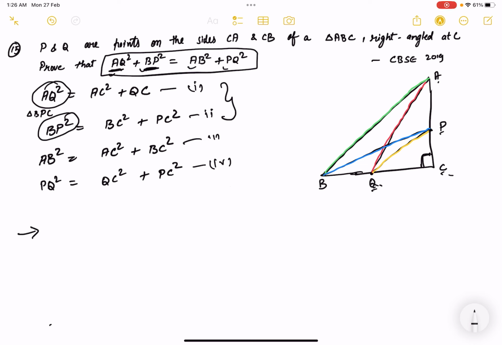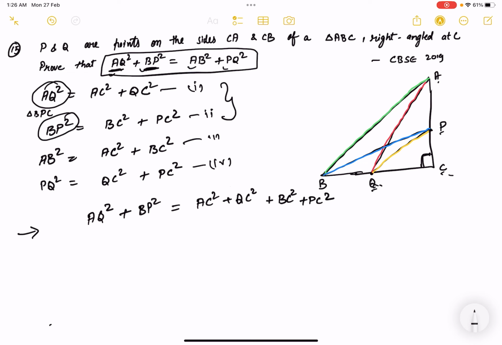AQ square plus BP square is equal to AC square plus QC square plus BC square plus PC square.